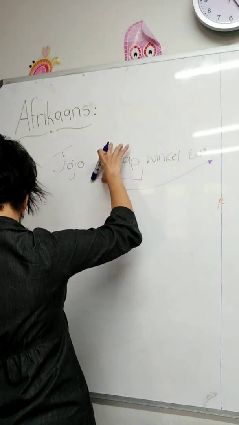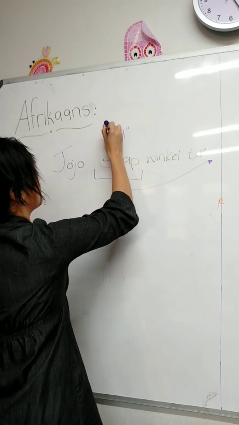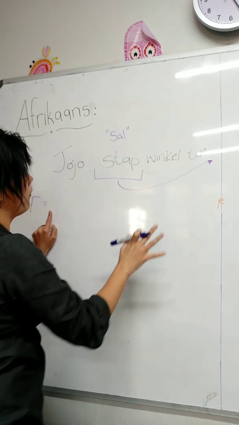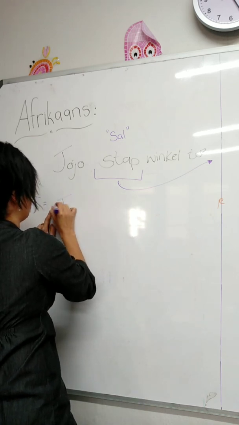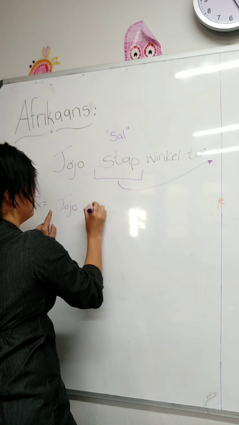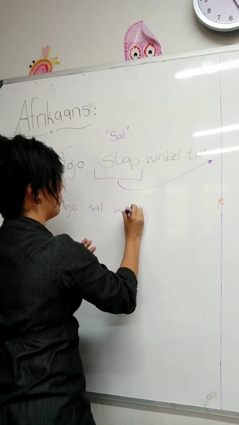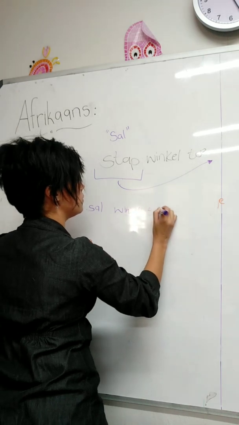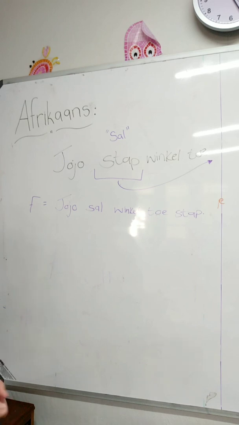And you replace the verb with the word sal. This is for future tense. That's all you do to make it future tense. Now we're going to rewrite. Jojo sal winkel toe stap. Okay, easy and simple.